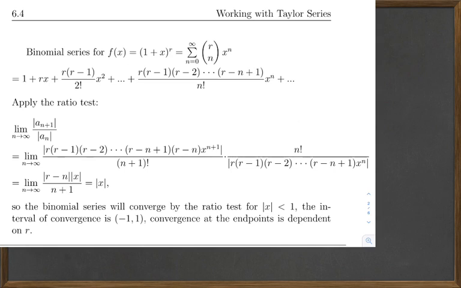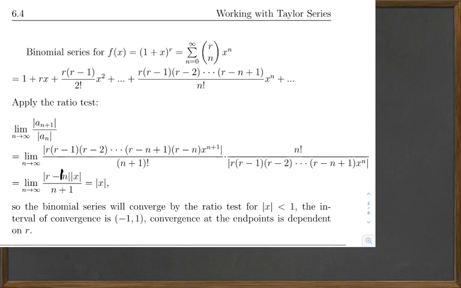Okay. And pretty much everything will absorb except for this r minus n in absolute value, and then also we have x to the n plus 1 in the numerator and x to the n in the denominator, so we're left with just an x in the numerator, absolute value.